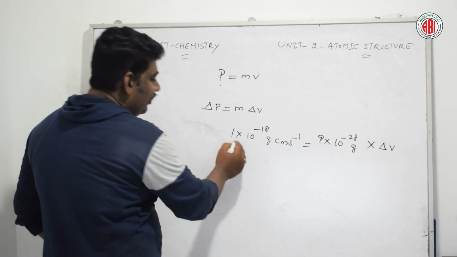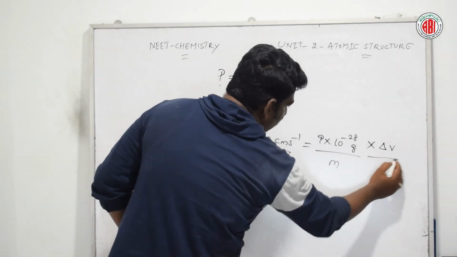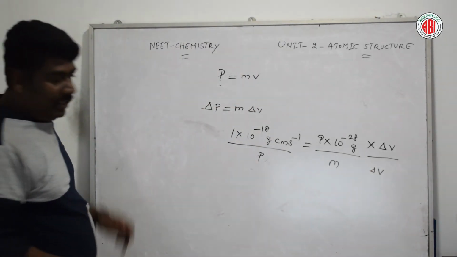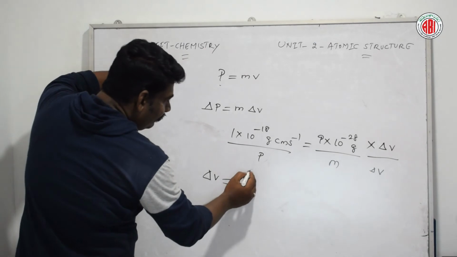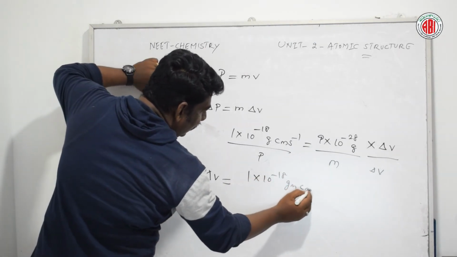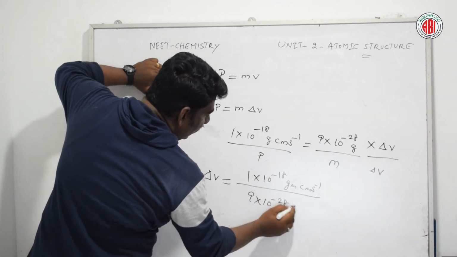So delta v is equal to 1 into 10 to the power of minus 18 gram centimeter per second divided by 9 into 10 to the power of minus 28 gram.